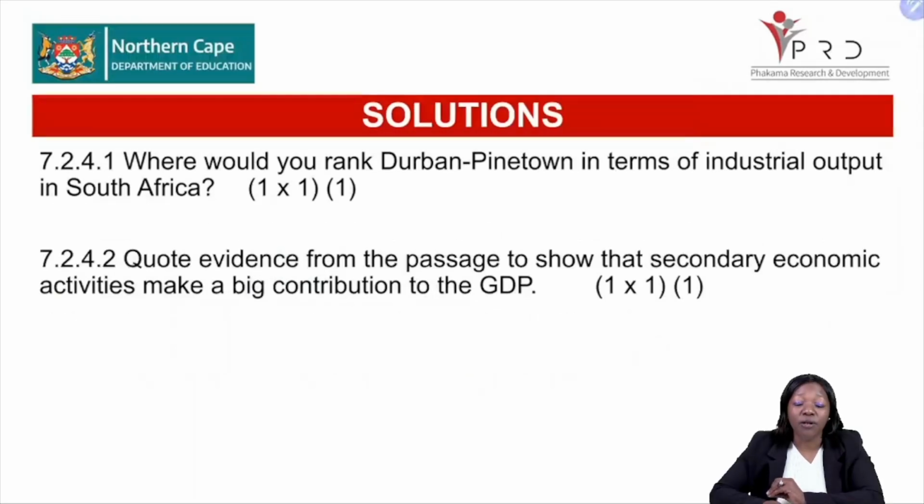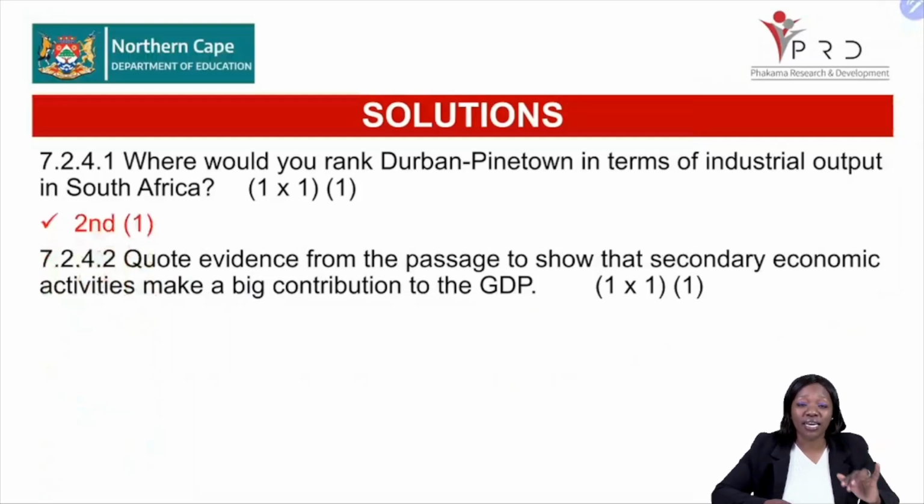Girls and boys, looking at our first question, where will you rank Durban Pinetown in terms of the industrial output in South Africa? Remember, we said Durban Pinetown is the second largest industrial region. So therefore, you can rank it as the second because the first one is the PWV.